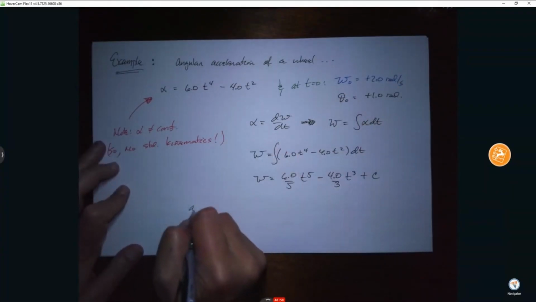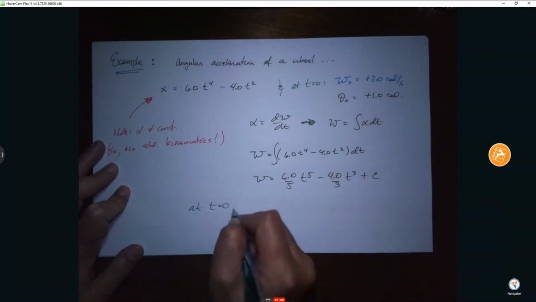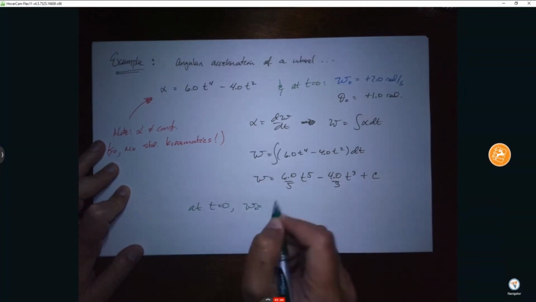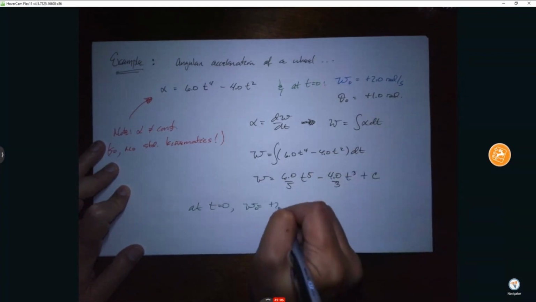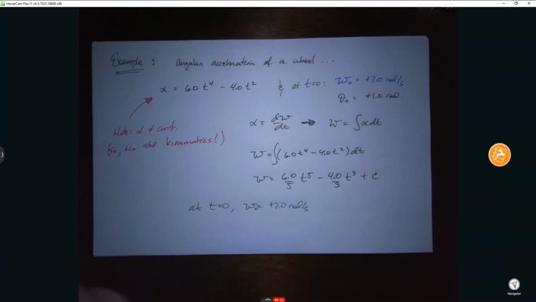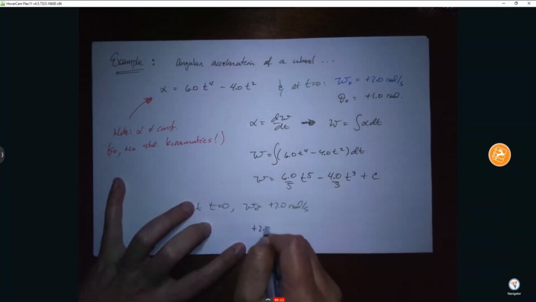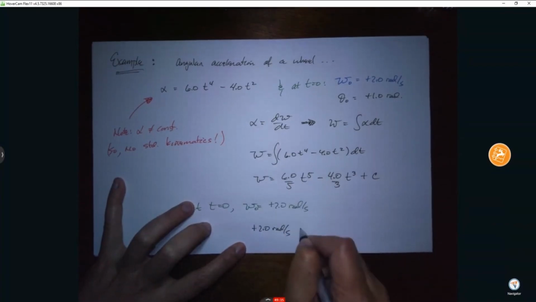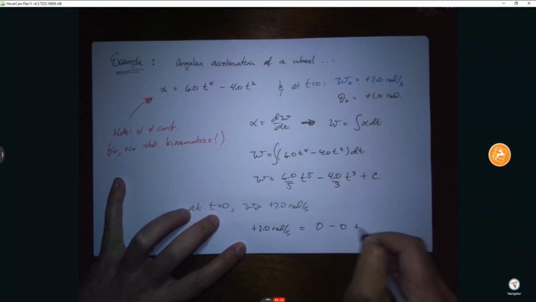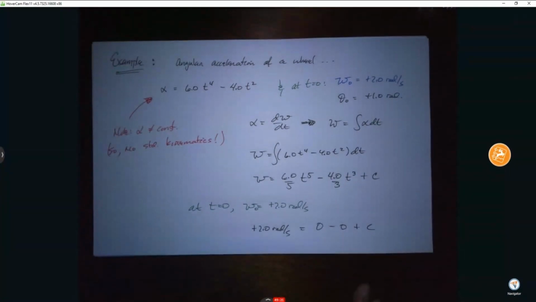Now we can set our condition. At t equals 0, the initial omega will be +2 radians per second. So +2 radians per second is, at t equals 0, this is 0, and this is 0. And so what we get is that is the integration constant.